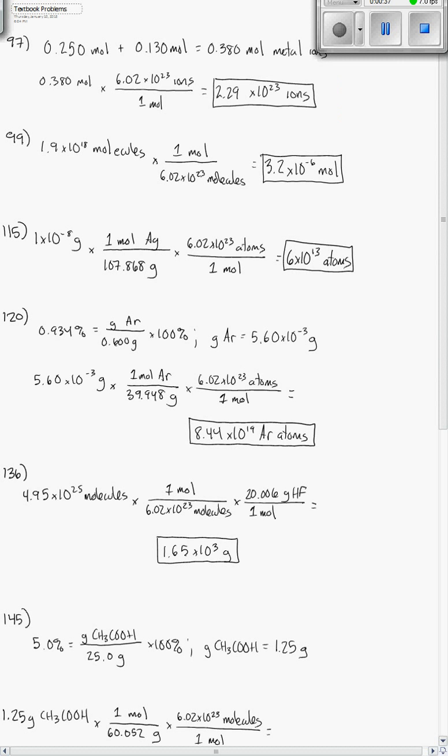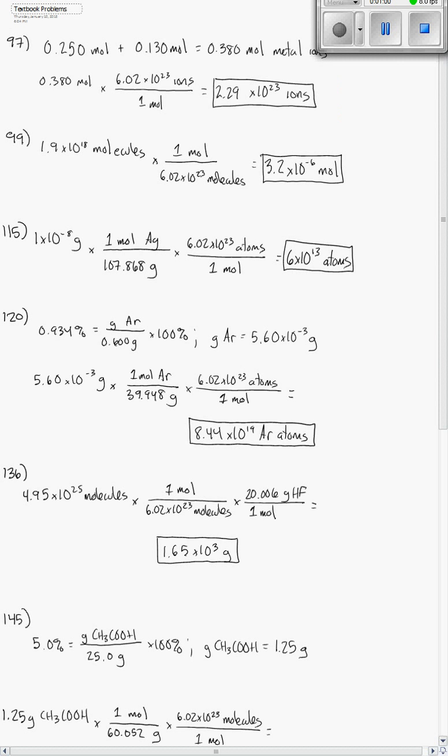So in this first problem, number 97, you're told that you have two beakers. One of them contains 0.250 moles of copper 2 plus ions, and the other contains 1.30 moles of calcium 2 plus ions. And we want to know the total number of metal ions that will exist if we dump these two beakers together, so we form just some sort of mixture of these two solutions.